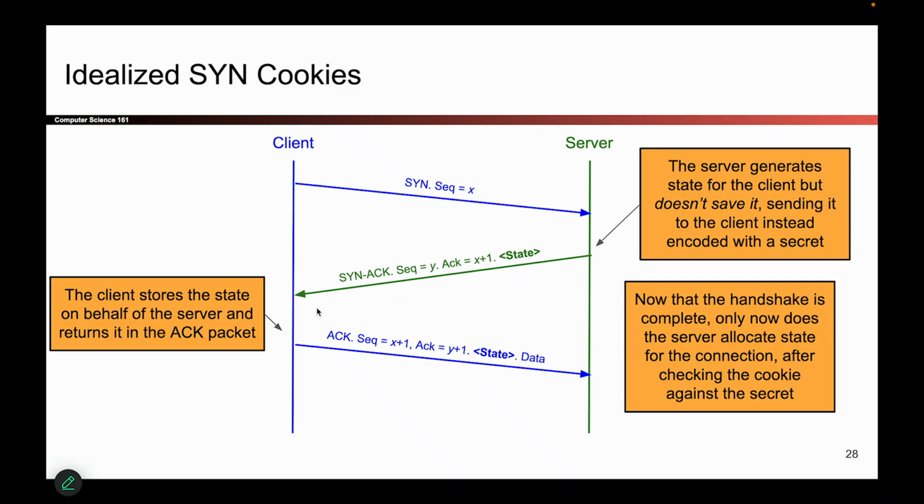And now the burden is on the client or the attacker to store those 10,000 values and send them all back one by one for the server to actually call malloc again. So you can still overwhelm the server, but the asymmetry is gone. We can no longer have the attacker send just a little bit of data and overwhelm the server. Now the client has to do the same amount of memory allocation as the server, and the asymmetry is gone. So this is a defense against SYN flooding.